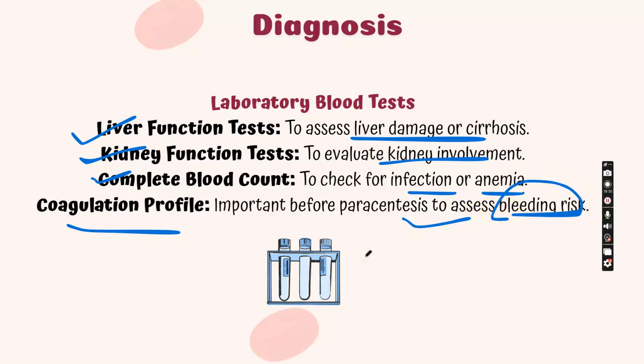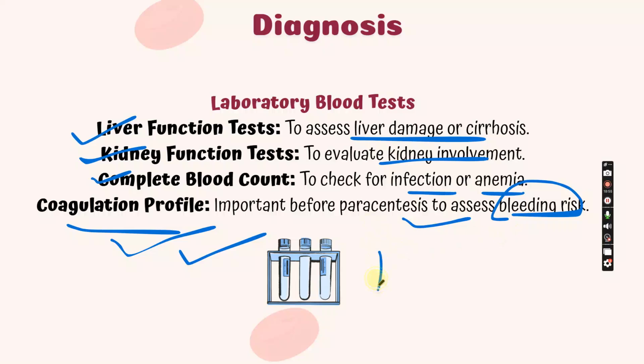Some patients may be suffering from blood disorders, or might be on anticoagulants, or might be taking heparin, warfarin, and so on. They might be at risk of bleeding. So that's why coagulation profiles are done. We also ask the patient before this procedure whether they are taking any kind of blood thinners or not.